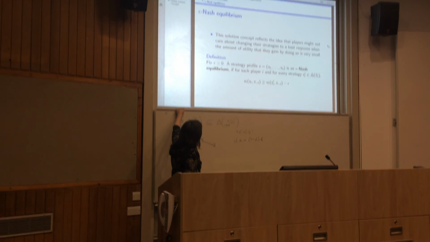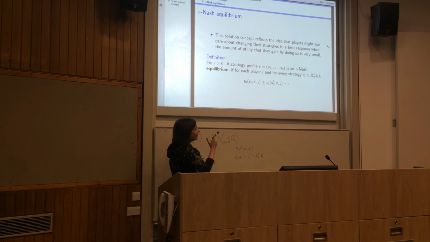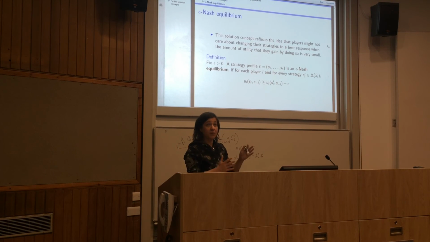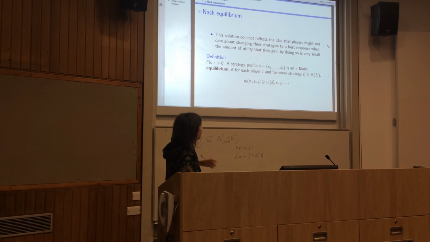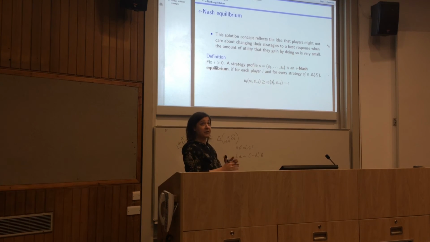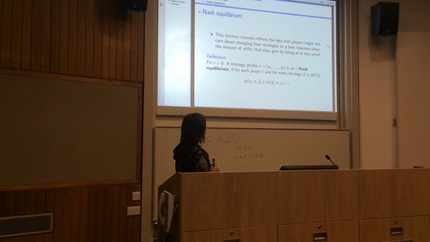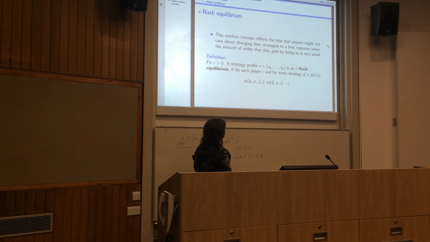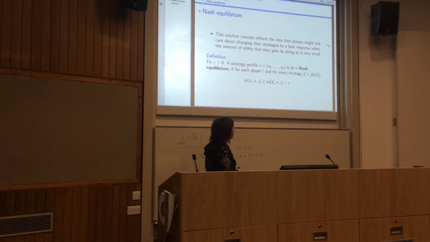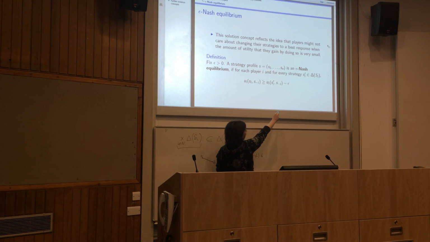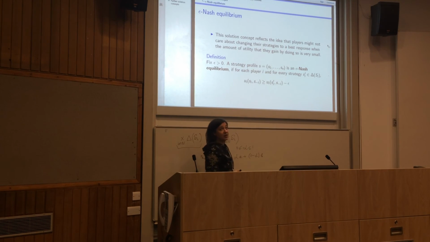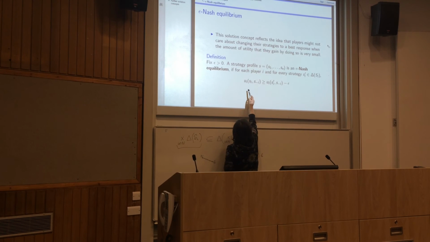Say a strategy profile for a given value epsilon, some positive value epsilon, an epsilon Nash equilibrium would be defined very similar to a Nash equilibrium, but that would be a strategy profile so that for every player i and every his strategy s prime i, what he gets under playing s i is at least as good as what he would get under playing s prime i minus that epsilon.